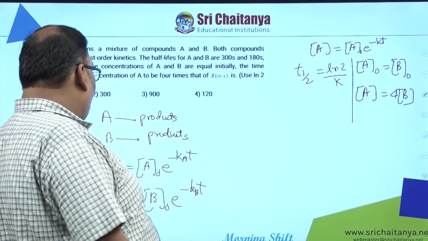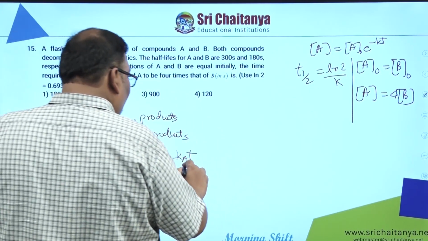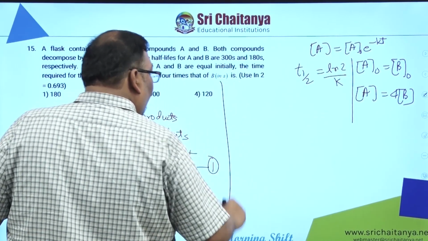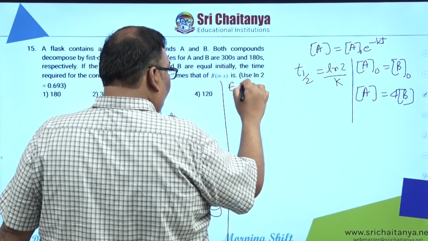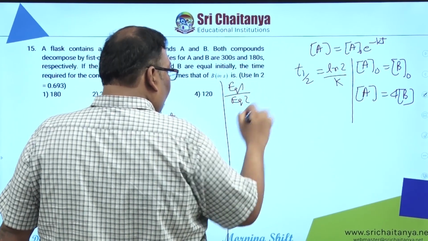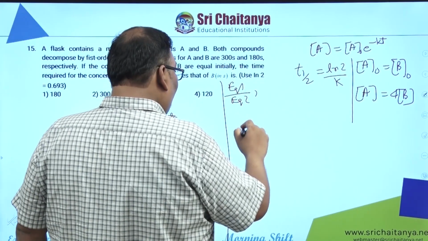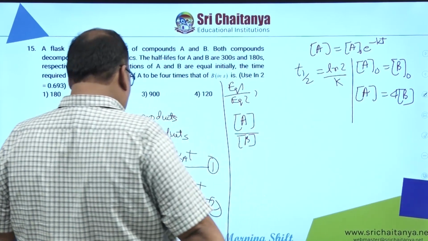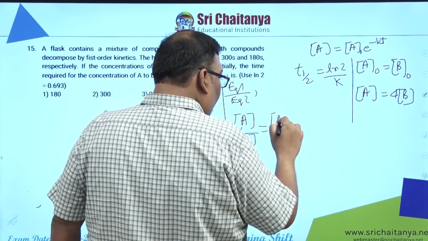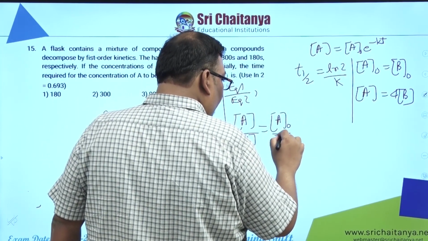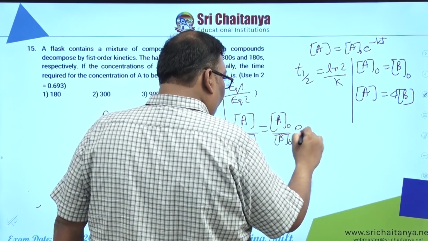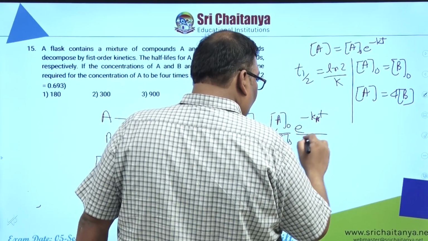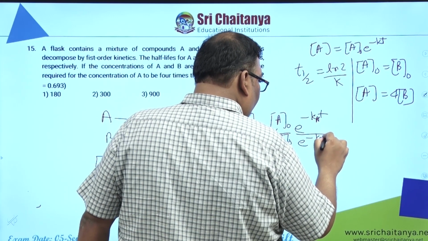So if I say that this is my equation 1 and this is my equation 2, and I am dividing equation 1 by equation 2, then it will be concentration of A by concentration of B equal to A naught by B naught into e to the power minus KA T by e to the power minus KB T.